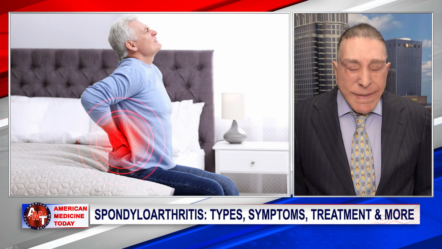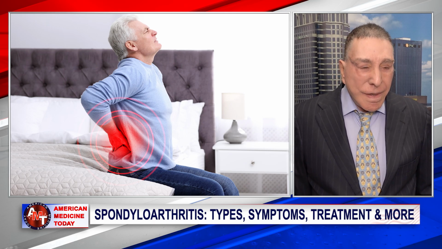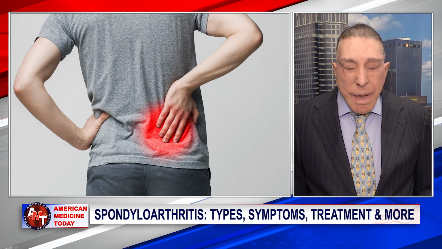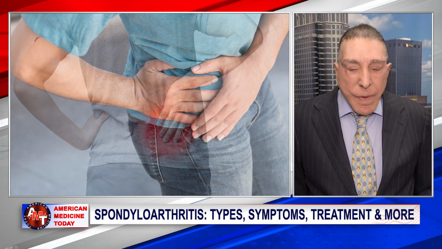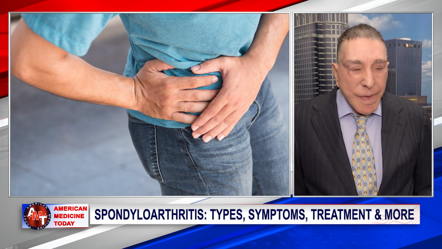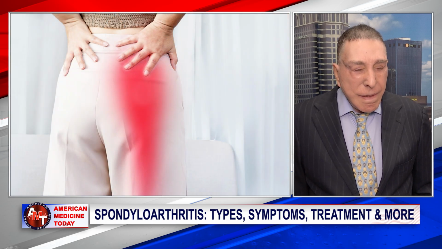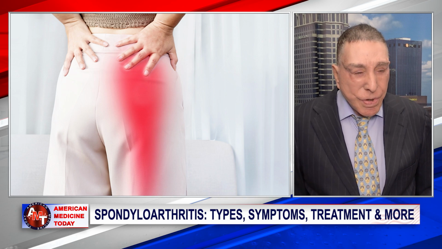So it's really painful, but it doesn't affect the nerves. The pain is back pain with hip pain and butt pain, so the whole back of the body structure is affected. It can be unilateral or bilateral.